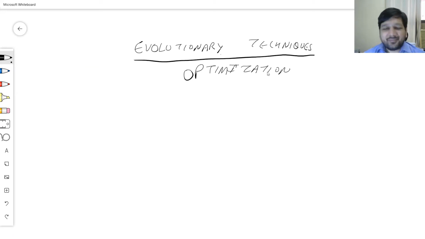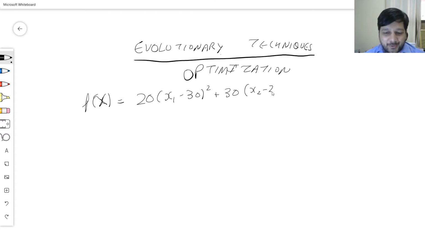So I'll say that there is some problem which is given to me. Let's say f of capital X is equal to 20 times (x1 minus 30) the whole square plus 30 times (x2 minus 25) the whole square plus 28 times x1, x2, x3 plus 5 times x3, x4.